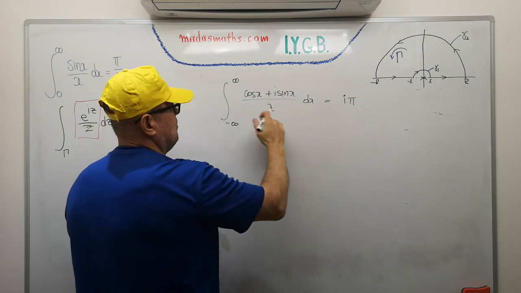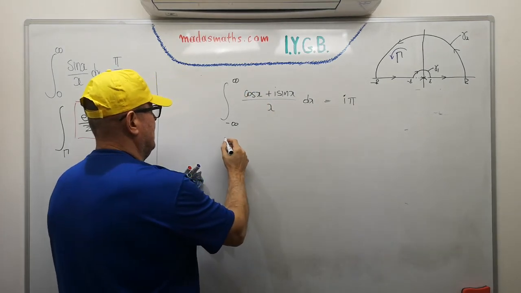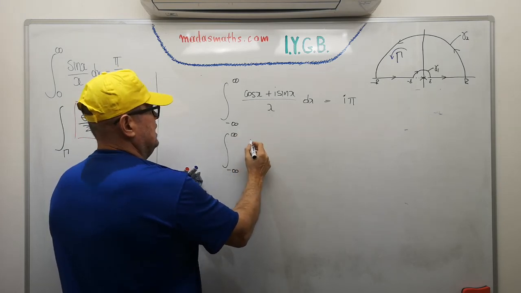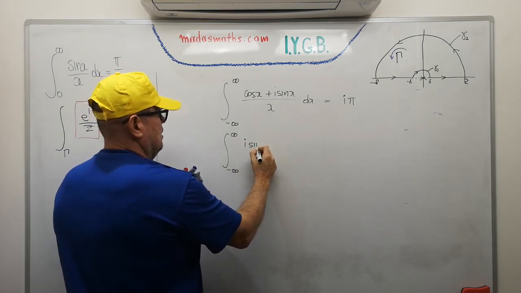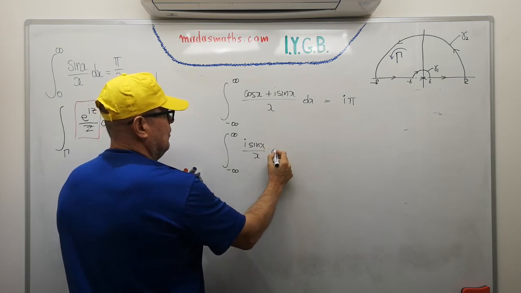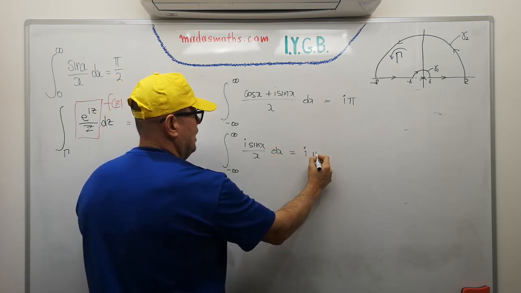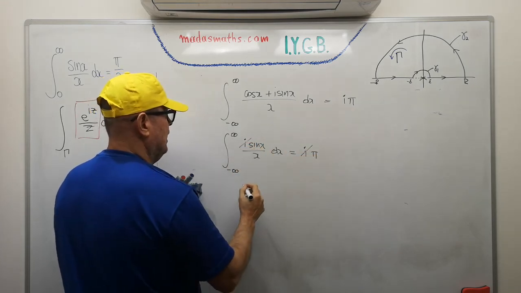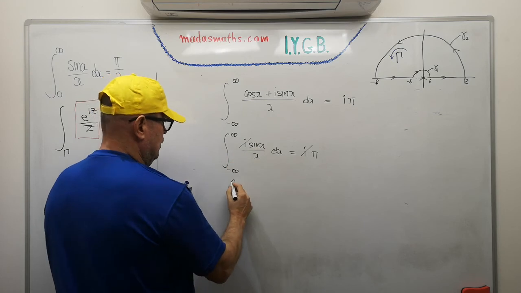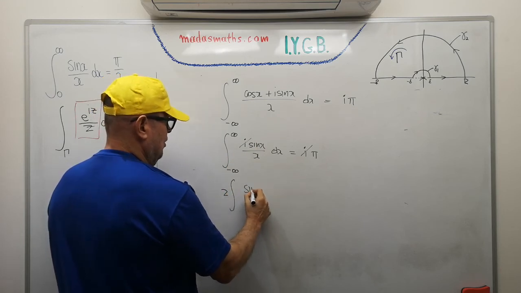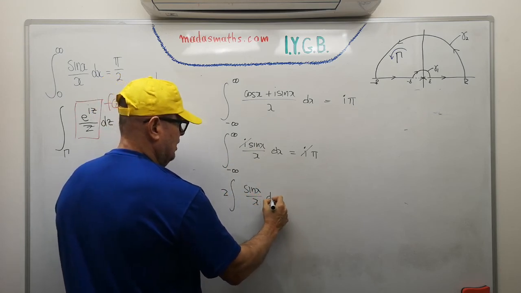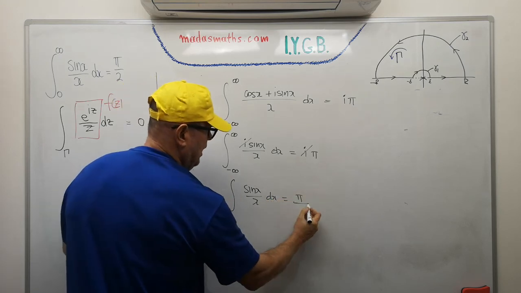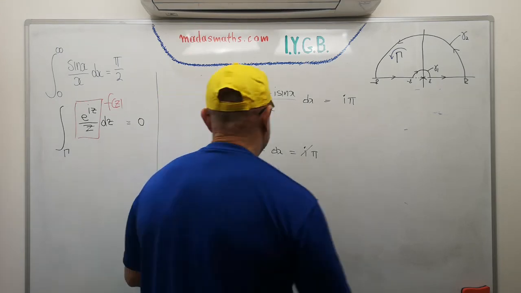There's no contribution, but of course we can see that because there's no real part in there. So we're only going to have the integral from minus infinity to infinity of i sine x over x dx equal to i pi. And of course we can get rid of the i's on both sides, and this now is an even function, so 2 lots of sine x over x dx should be pi, and then divide by 2, and we have the desired result. It's not too bad.